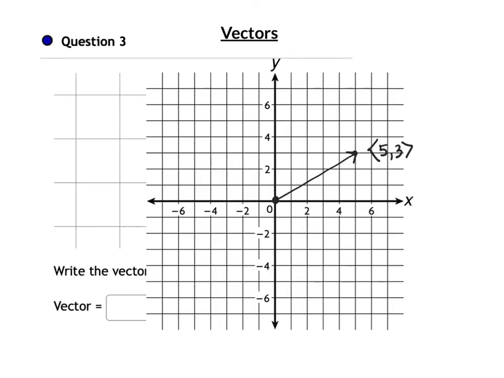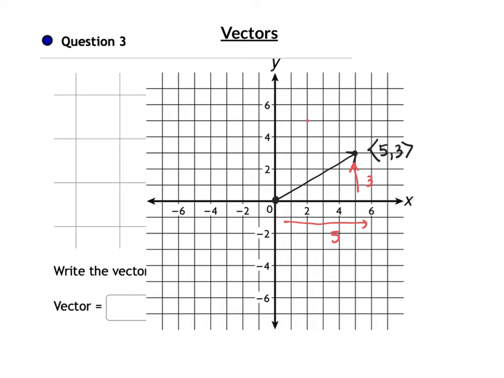Our first example is question 3. When we write a vector in component form, remember the initial point is at the origin. Take a look at this vector I've given as an example, the vector <5, 3>, initial point at the origin. Notice how the vector <5, 3> has an x of 5 and a y of 3. And it doesn't matter where I put that vector.